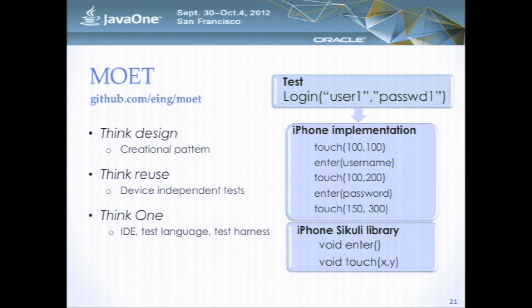So if you want to have the same set of tests that can run on different platforms, you want to think about design. You want to think about how you can reuse your tests on all these different platforms. And to do so, you want to think about using a creational pattern, which means that at runtime you can instantiate the right device and bind it to your tests to run your tests. And I'll show you exactly how to do that.